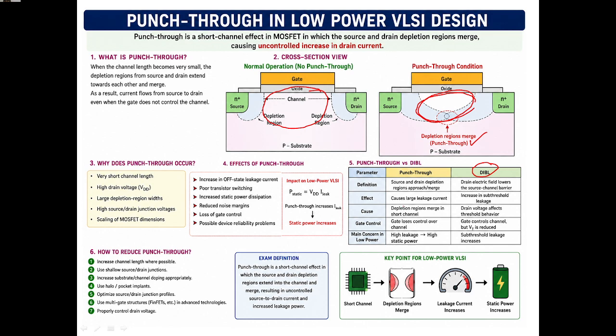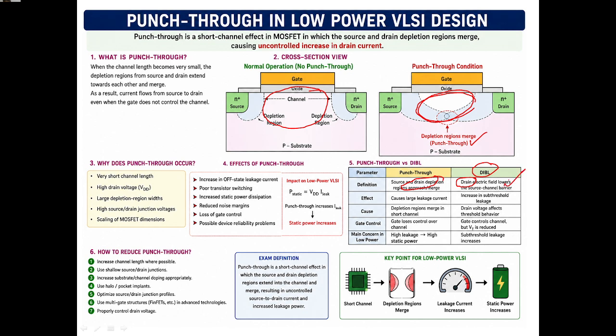And one more thing we need to observe, this source and drain. In punch through, source and drain depletion regions approach and merge directly. But when you are giving drain field, drain VDS, only the drain field lowers the source channel barrier.